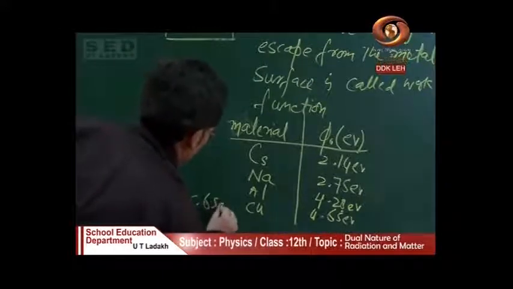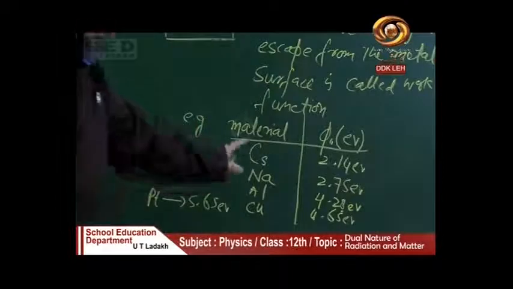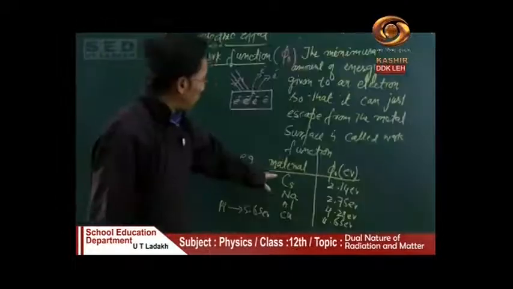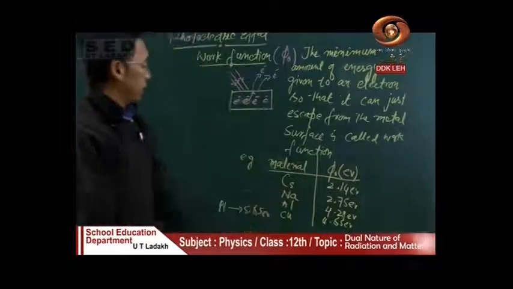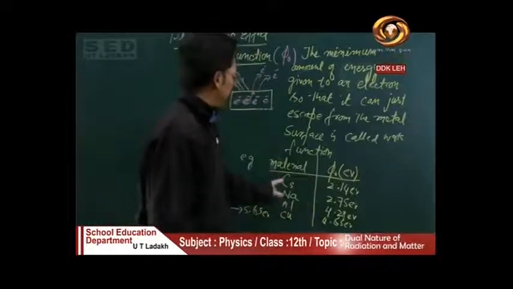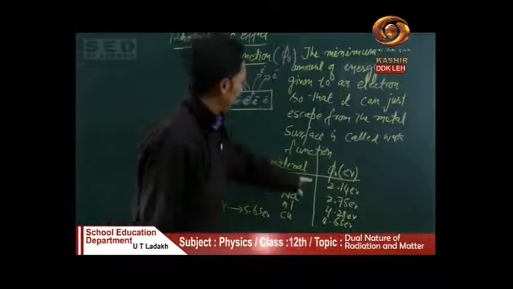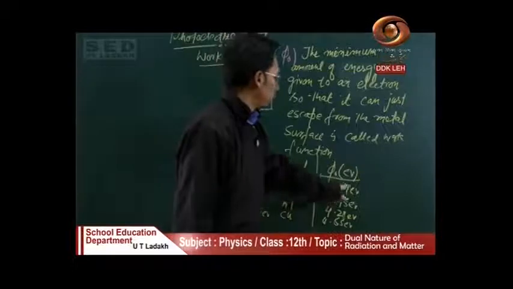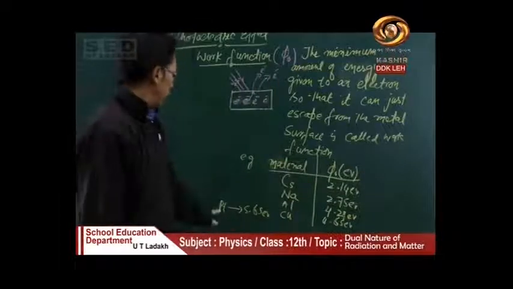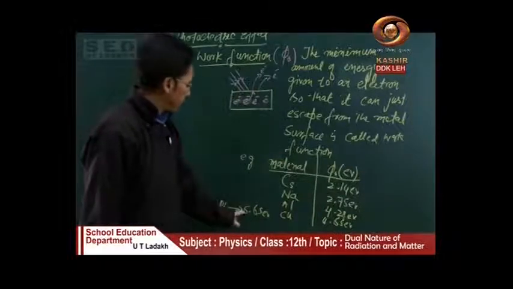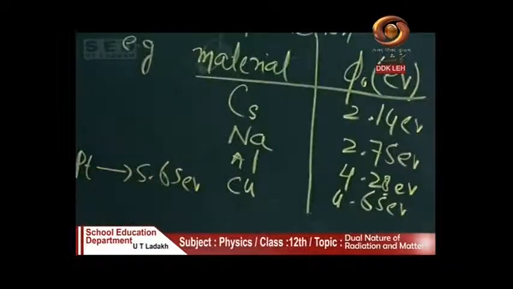electron volt. So we can see from this table that work functions of materials are of different values. And you can see here that cesium has the least value of work function, 2.14 electron volt, whereas platinum has the highest value of the work function, 5.65 electron volt. According to this work function of the material, we can eject the electron.